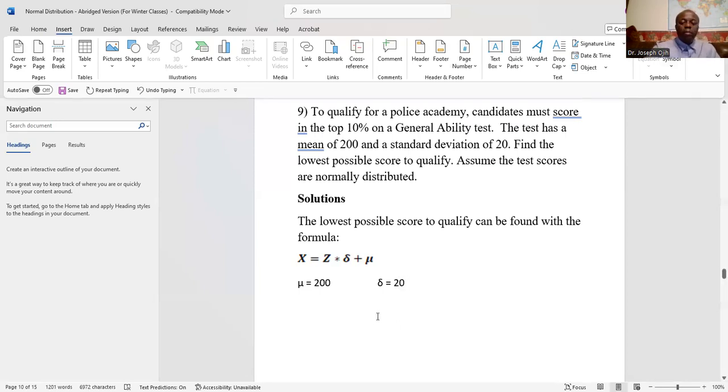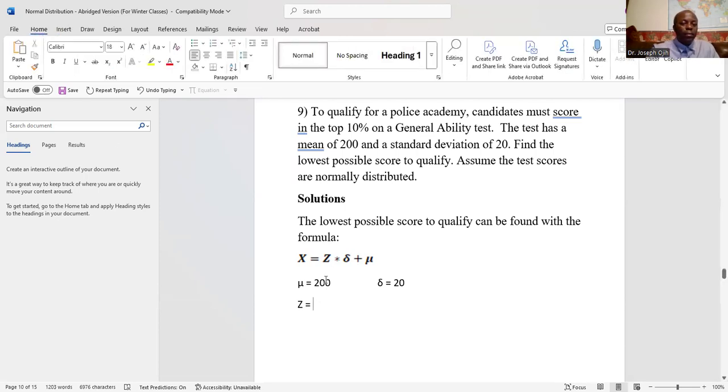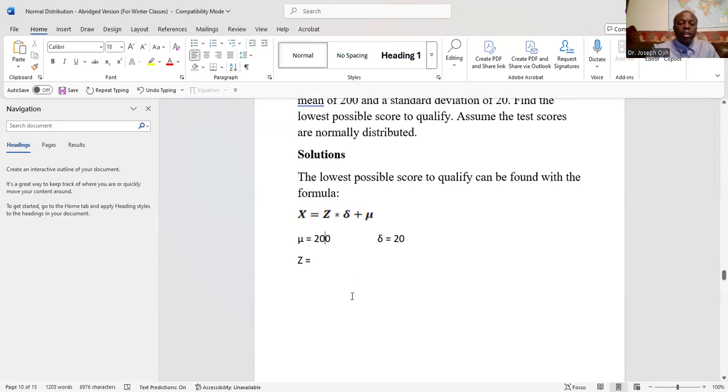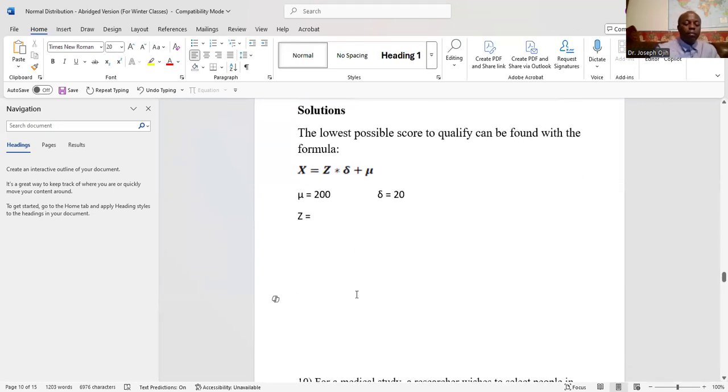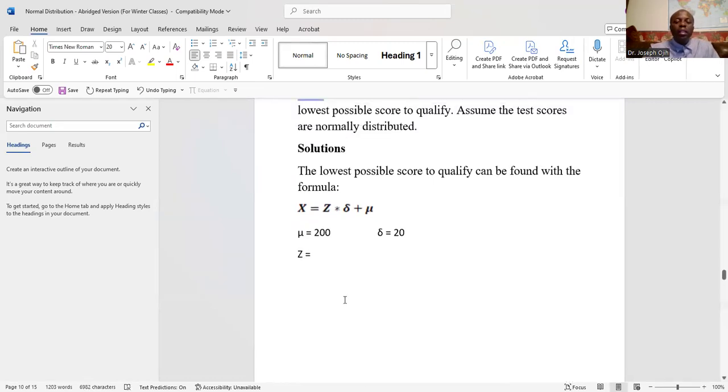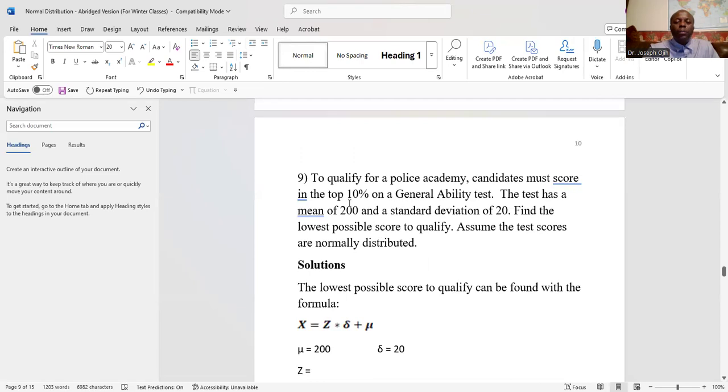Before we can do anything, we need to find our Z. To find Z, we need to make our chart. This says top 10%. That means your score will be greater than 90% of the people who take the test.